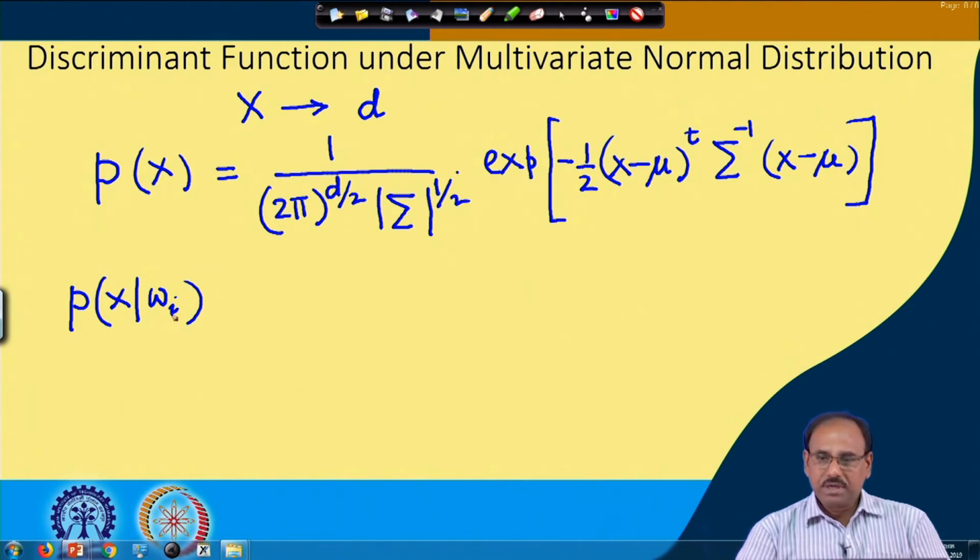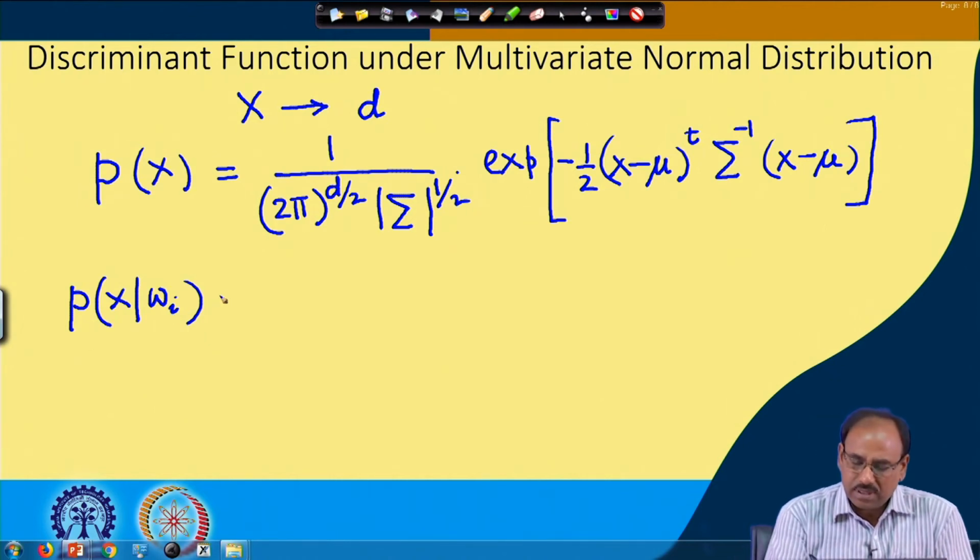So, for those feature vectors, the mean that I will get is class dependent, and I will represent that by mu i. Similarly, the covariance matrix sigma that I compute will also be for that particular class omega i, so I will represent this as covariance matrix sigma i.